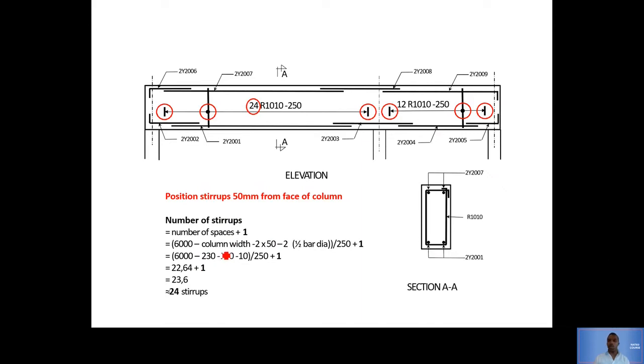Most likely you'll be told how many of them you should put, but in the case that you have to calculate, it's also not so bad, because what you need to consider is the column width, the cover as well.